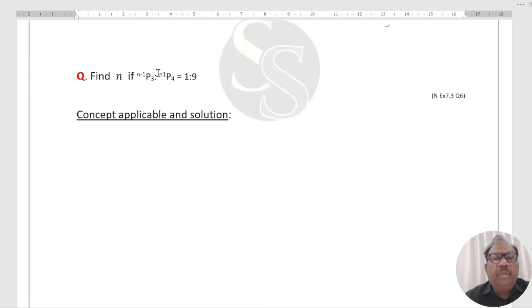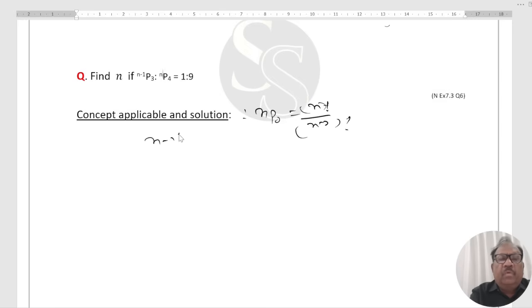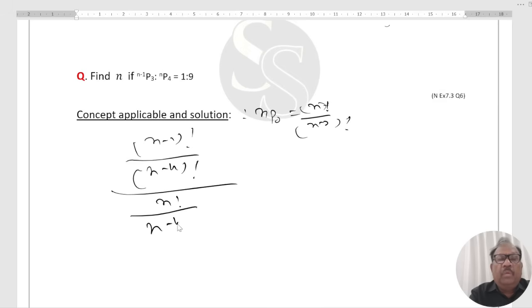Question: n minus 1 P3 and NP4 are in the ratio 1:9. Find the value of n. So the concept of NPR is n factorial upon n minus r factorial. So n minus 1 factorial upon n minus 4 factorial हो जाएगा, upon n factorial upon n minus 4 factorial. This comes out to be 1:9.